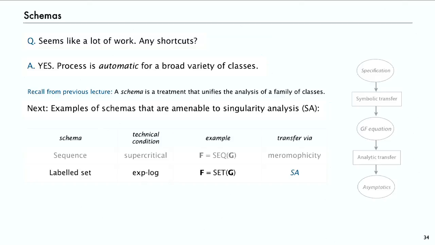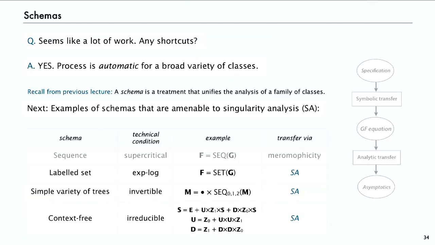Now for singularity analysis, we're going to look at an analog for labeled classes called the exp-log schema that handles F equals set of G. We'll look at what's called simple variety of trees, and again there's a technical condition called invertible, and that will handle things like unary-binary trees and many other things.